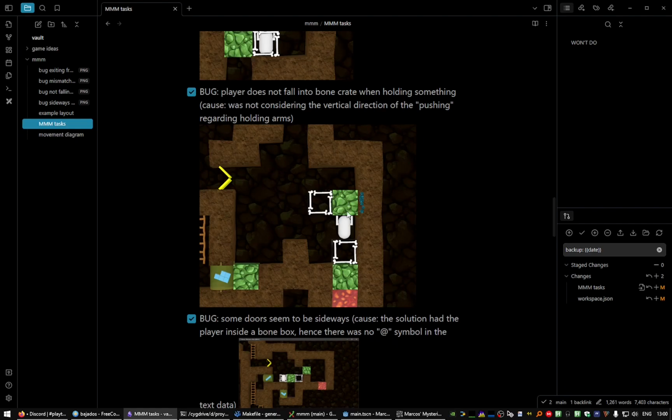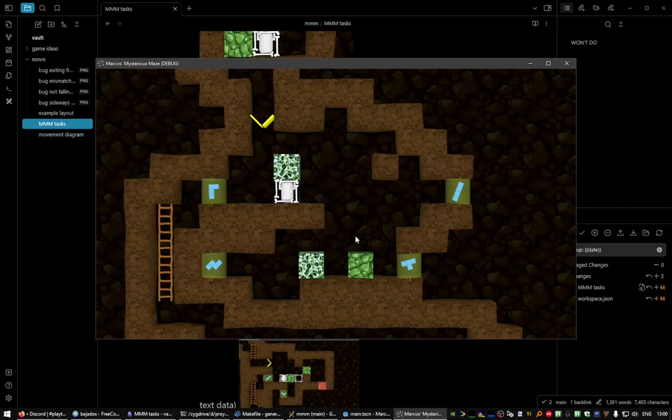And the last bug I wanted to show was this one. In this situation, which is this one, let me show you. If we moved right here, we did not fall.